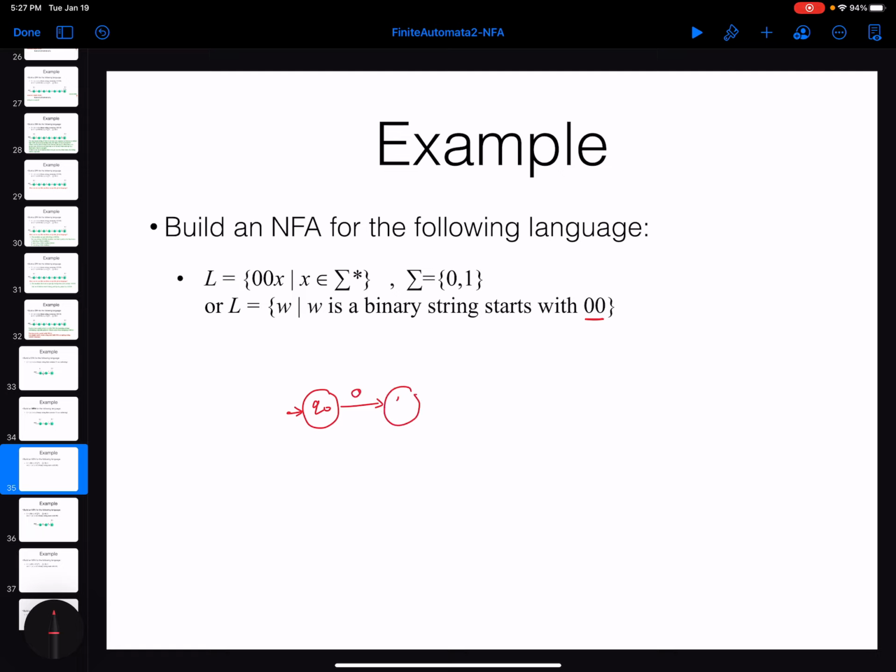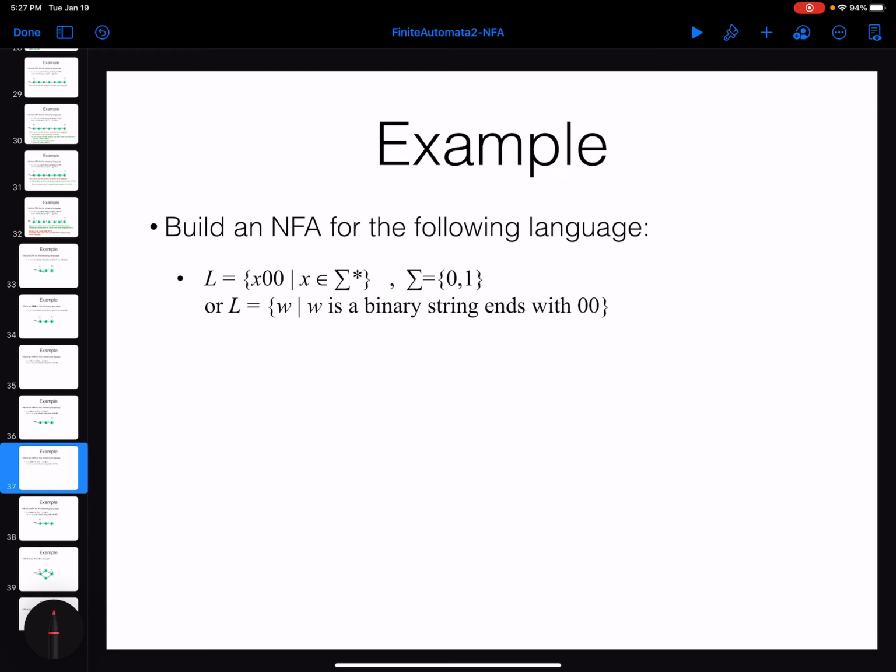In this way I am forcing the strings to start with the pattern 001, and then after that it ends up in a final state, and you can stay here for all the other binary strings. Designing a DFA for this one is also easy, but here I just wanted to give you the idea.